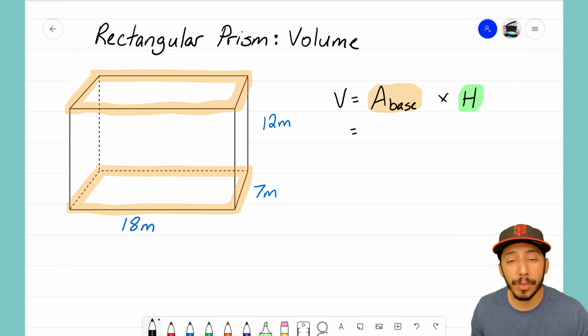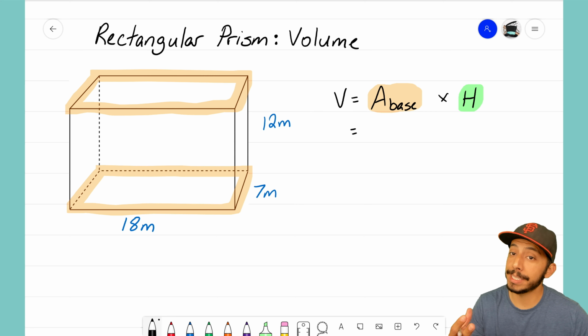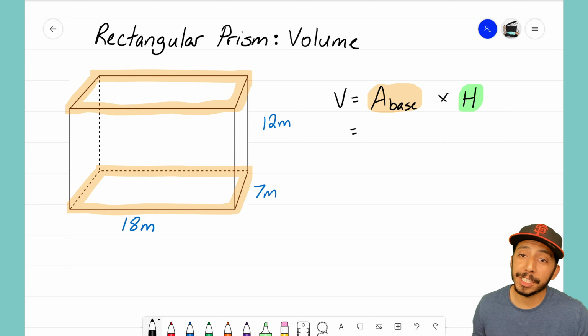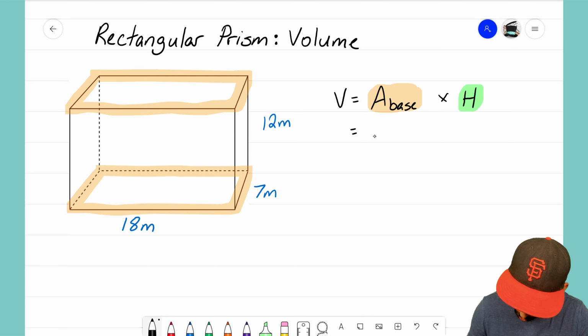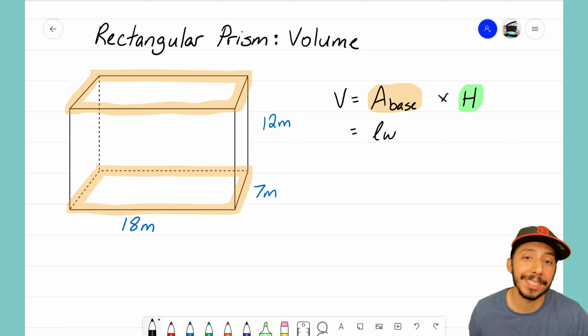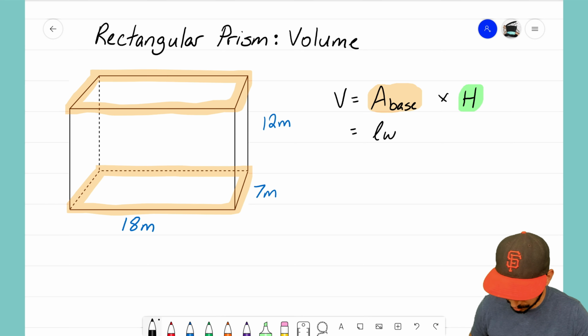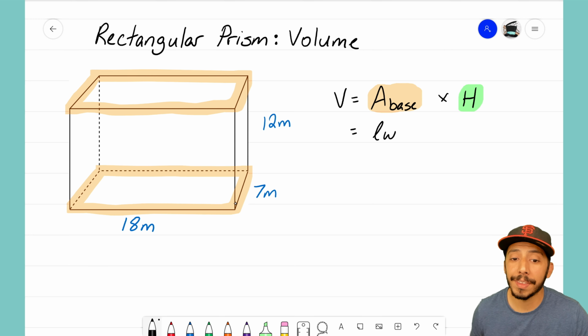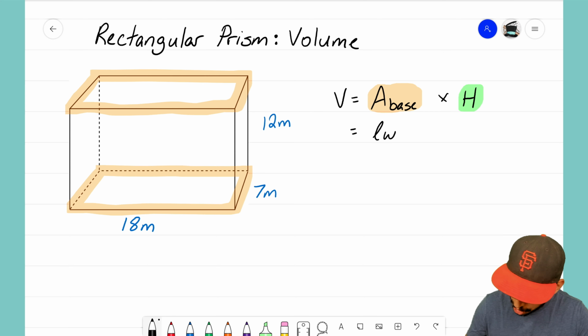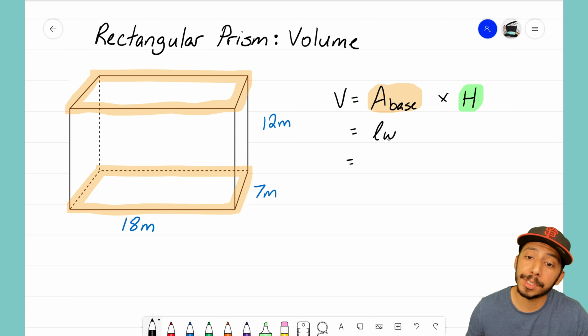To find the area of a rectangle, we know, or at least I hope we know, that we just have to do base times height or length times width, right? That's how you find the area for a rectangle. Well, I'm looking at that rectangle there on the bottom. I see that it has a length of 18 meters and a width of 7 meters. So I need to take those two numbers and plug them into my area formula.